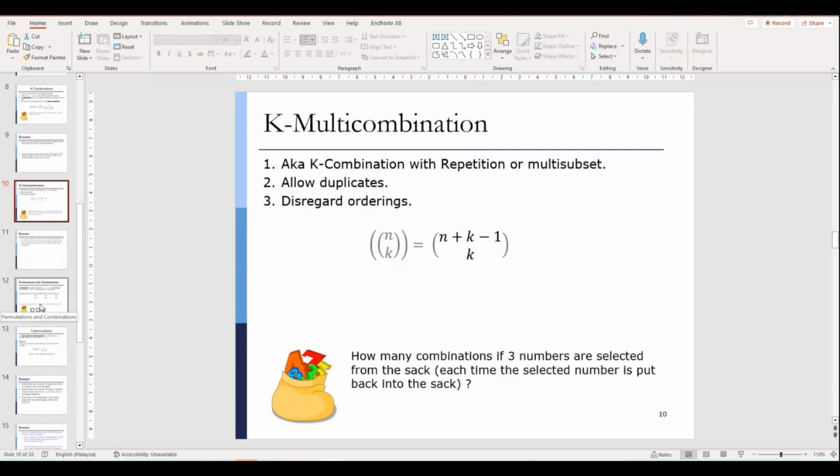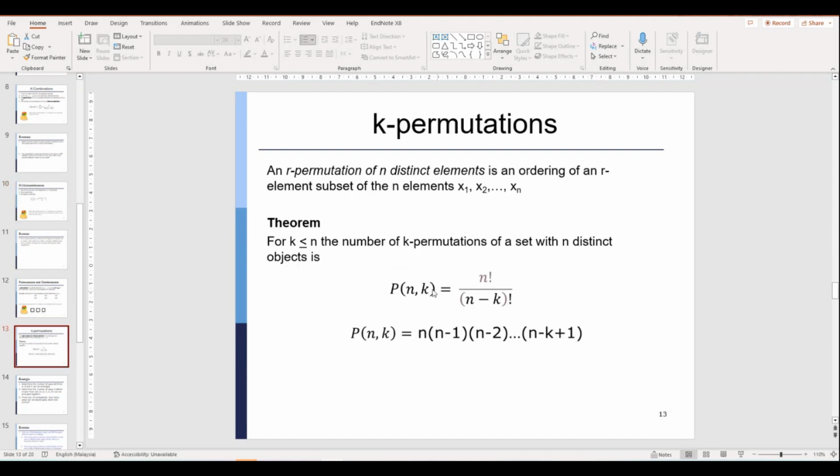Let me see what's permutation. You see, for permutation you use nPk, not nCk, whereby n factorial... Sorry, for combination, we take n factorial divided by k factorial times n minus k factorial.